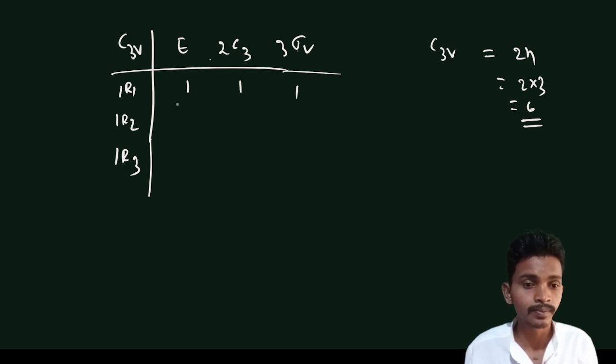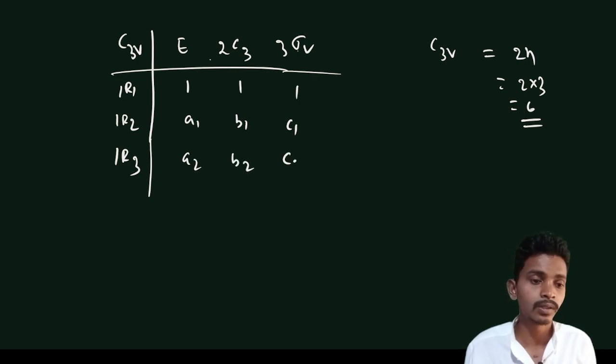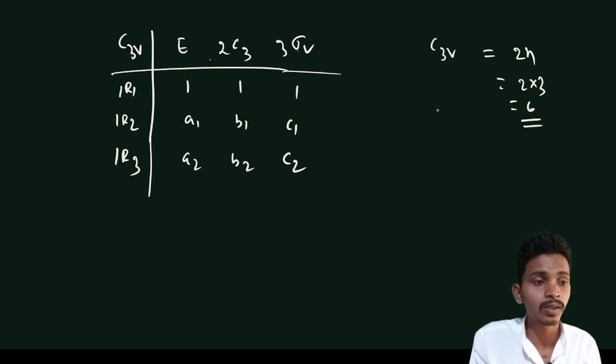So let's say this is A1, B1, this is C1, this is A2, B2, C2. The summation of the squares of the identity elements is equal to the order of the group.